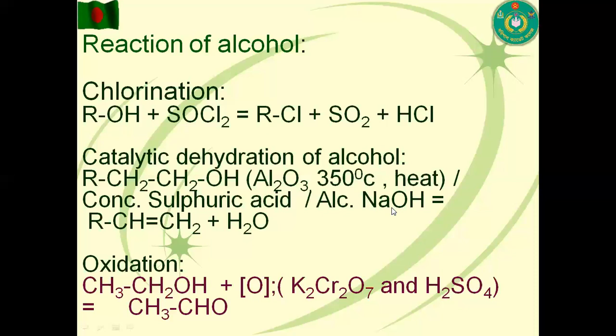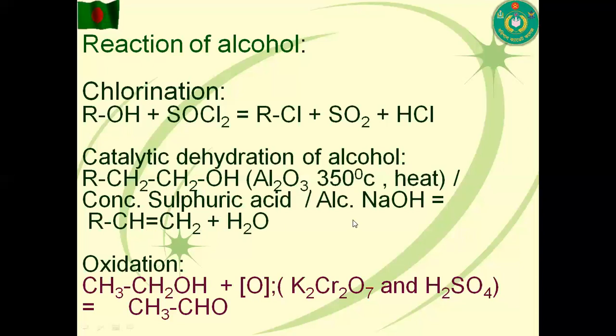If it is sulfuric acid at 65 degrees centigrade, or alcoholic sodium hydroxide, not aqueous, it forms alkene, where 1 mole of water is removed from the reactant, and for this reason the reaction is called a dehydration reaction. Alcohol reacts with alumina at 350 degrees centigrade to form alkene. If alcohol reacts with concentrated sulfuric acid at 65 degrees centigrade, it forms alkene.